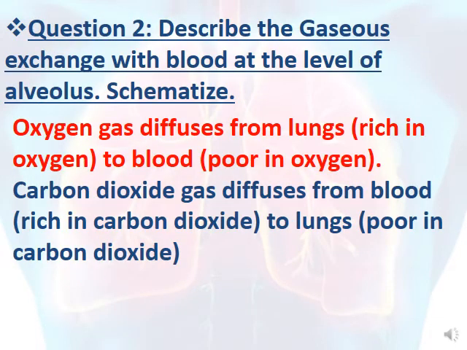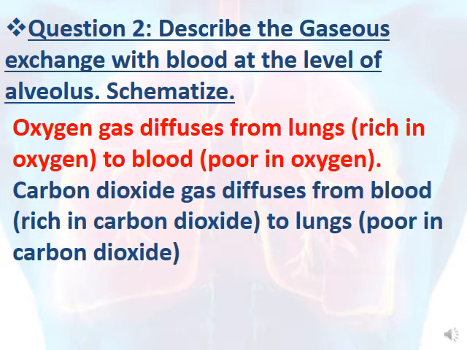Question number two says you have to describe the gas exchange with the blood at the level of the alveolus. So the oxygen gas diffuses from the lungs, a medium that's rich in oxygen, toward the blood, which is a medium poor in oxygen.